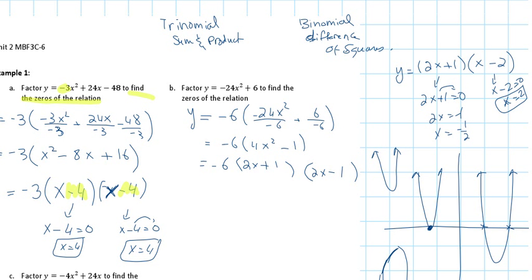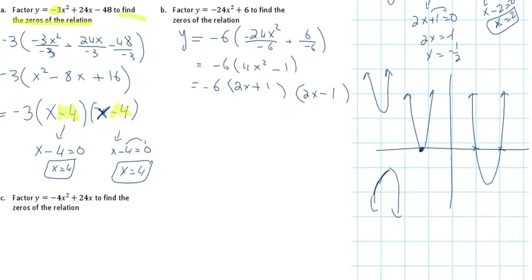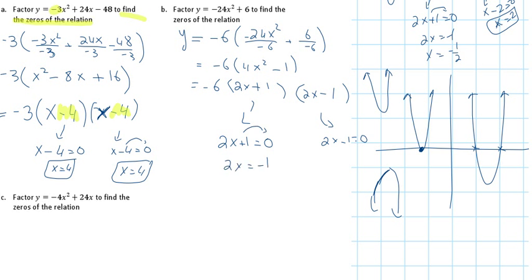Now my question to you guys, what are your zeros? How do you find your zeros? You're going to set each bracket equal to 0. So bring the 1 over. So it becomes 2x equals negative 1. Divide by 2. So x equals negative a half.